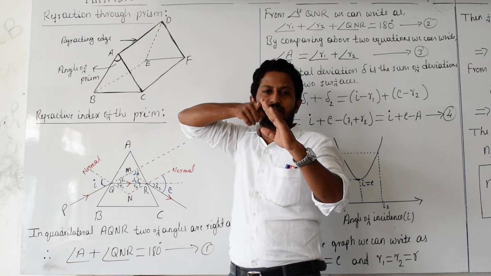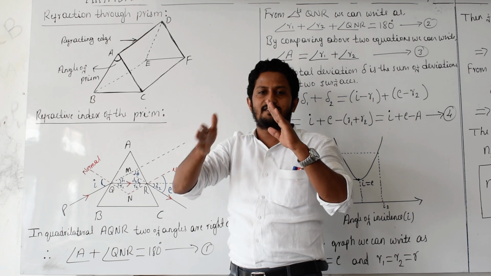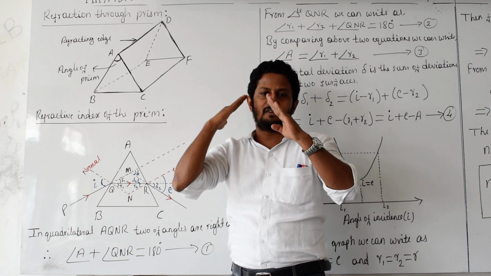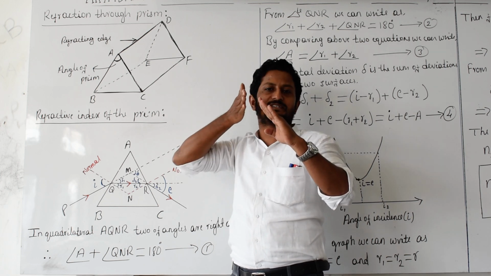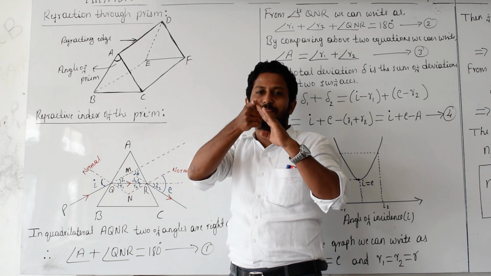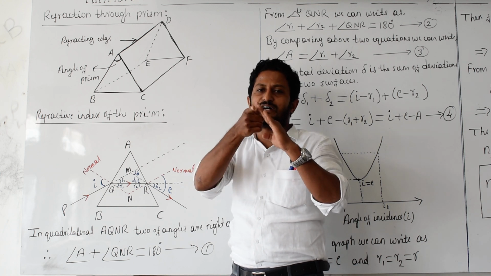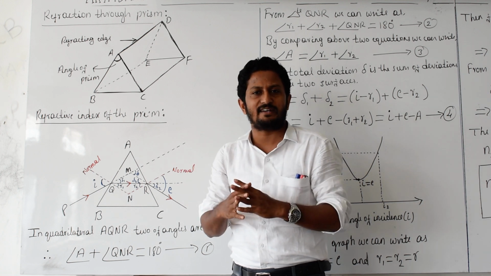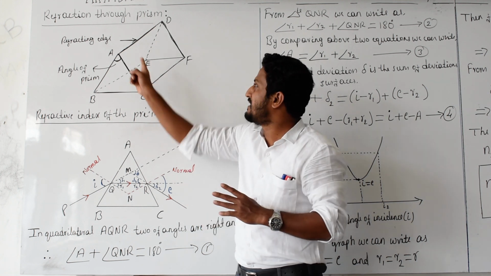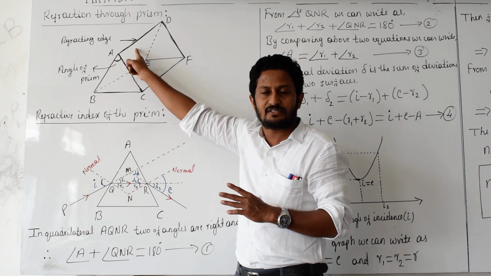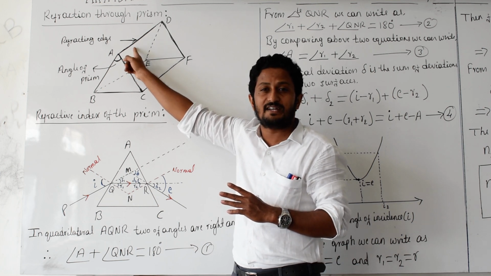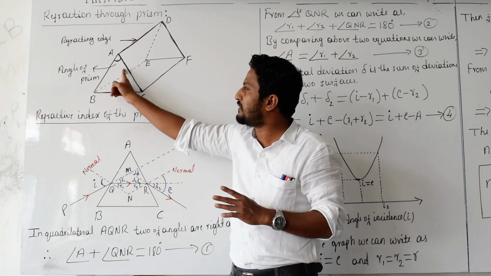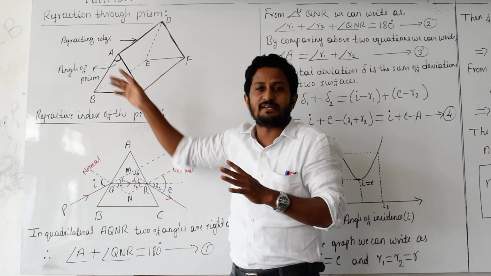That line is going to intersect these two surfaces. It is going to divide them. The intersecting line of those two rectangular refracting surfaces is called the refracting edge. This is the refracting edge, and this one is the angle of the prism.